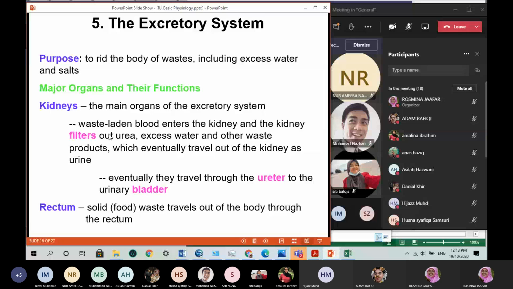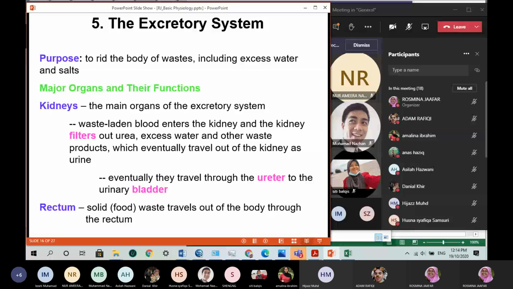Okay, and the urine is accumulated in the bladder, your urinary bladder, before it is expelled out of the body. The rectum is to store the solid waste from food. So these are the excretory system, where you have your kidney and this urinary bladder.